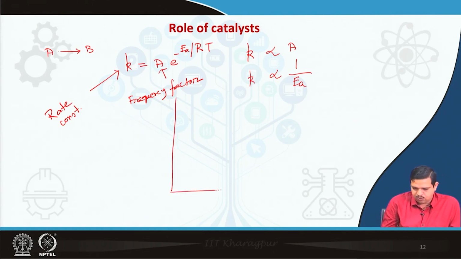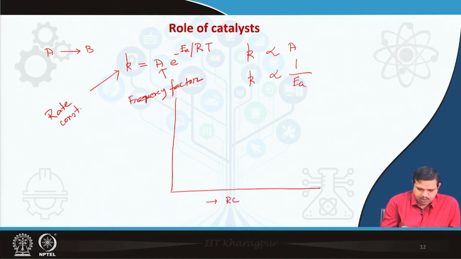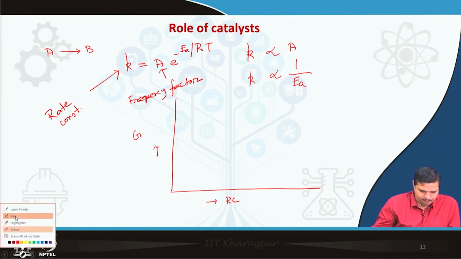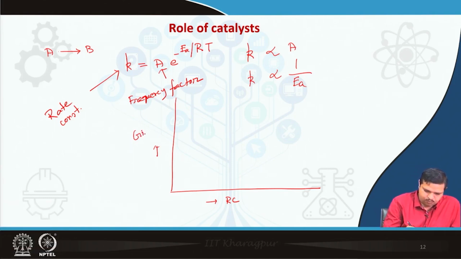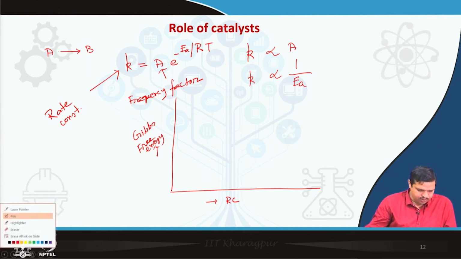So, if we draw a reaction coordinate very qualitatively. Okay. So, this is your reaction coordinate and this is your Gibbs free energy. Then how the reaction progresses, I will draw in a very qualitative way to understand the role of the catalyst.